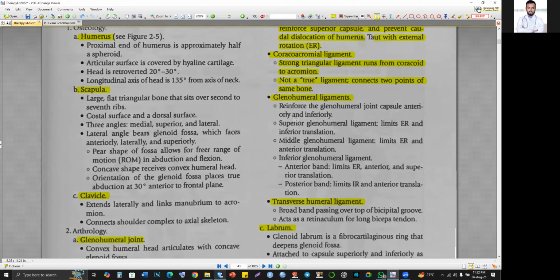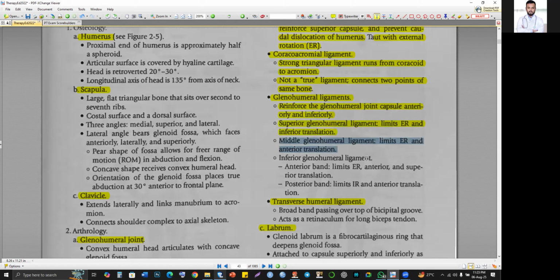Glenohumeral ligament, this is so important. Glenoid cavity: this term comes from the scapula, glenoid, and humeral comes from the humerus. So this connector reinforces the glenohumeral joint capsule anteriorly and inferiorly. Superior glenohumeral ligament limits the external rotation and inferior translation.